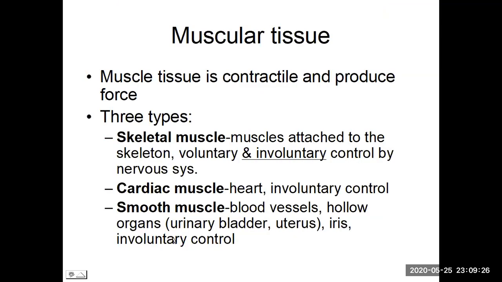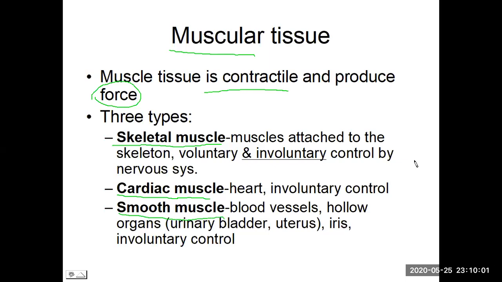So now we're moving into a third category of tissue, muscular tissue of the body. All of our muscular tissues have the ability to contract. These cells can reduce their length as they shorten and contract, and this is used to produce and generate a force. The three principal types of muscular tissue are skeletal muscle, cardiac muscle, and smooth muscle tissue of the body.